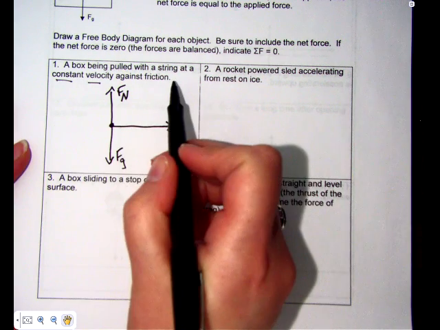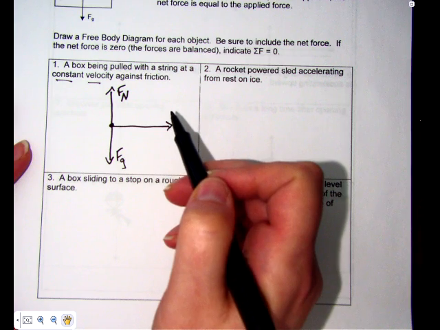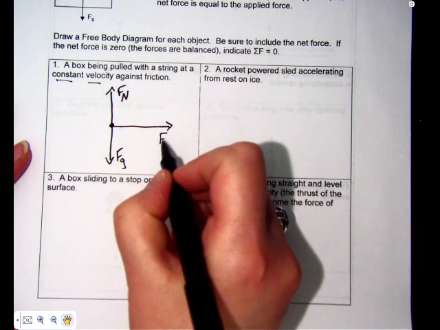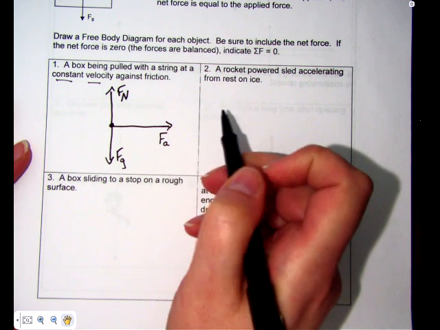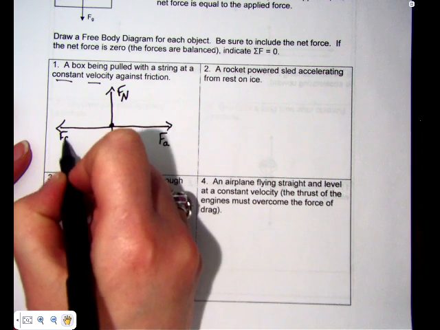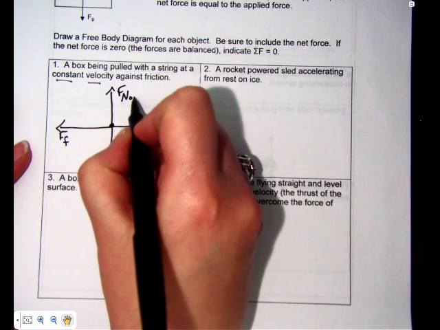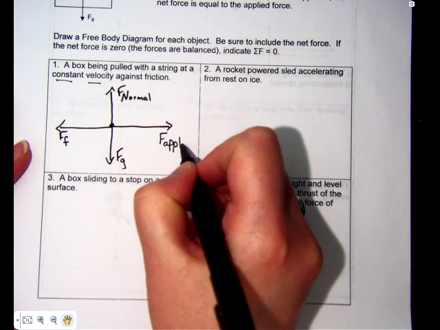It doesn't specify which direction the string is pulling the box, so we just assume that it's in the positive direction, which would be to the right, and then the frictional force is in the opposite direction of the applied force.